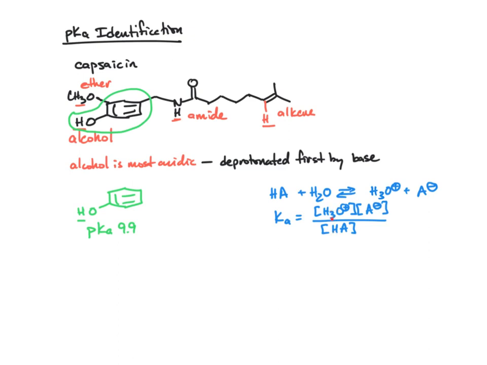That's a small number. So a big number divided by a small number is a really big number. And the pKa of that ends up being a smaller number based on the math that you do. So pKa is the negative log of the Ka.